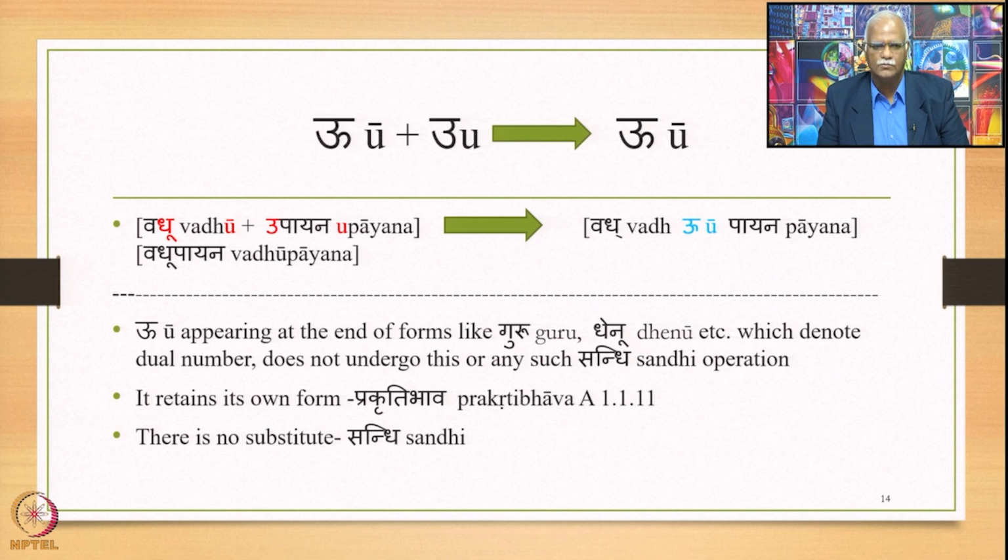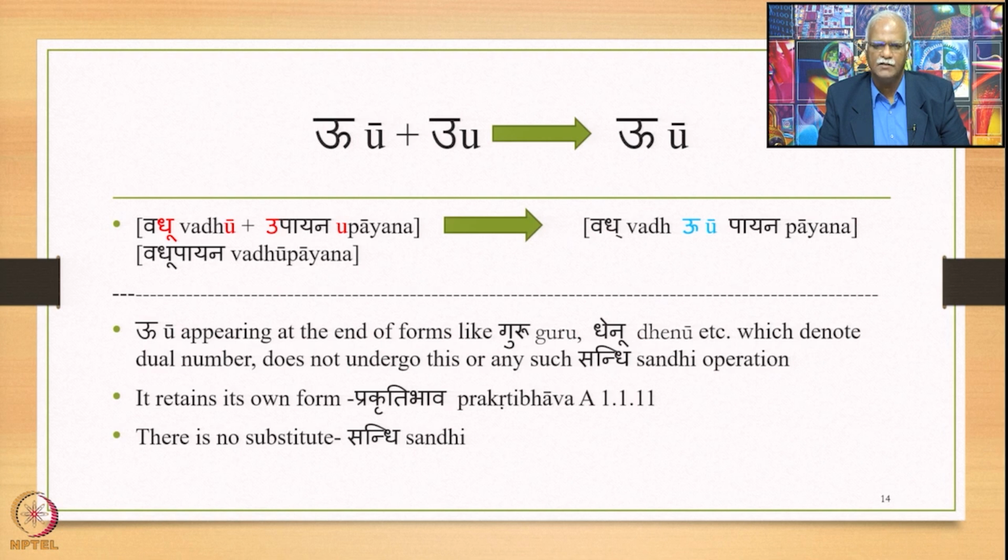So long u in these forms retains its own form, it remains by its nature, that is Prakriti, and therefore this will be referred to as Prakriti Bhava. We shall be studying this Prakriti Bhava later in this particular course.